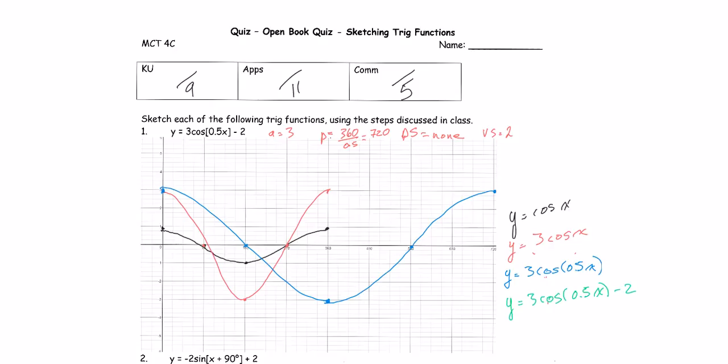So all we have to do is take all of the points that are on the blue line and move it down exactly 2 units. So this point here, so at 0, is now shifted down to here. This point here is now shifted down here. This point here is now shifted here. This point is shifted here. This point is shifted here. And there we have our final curve.